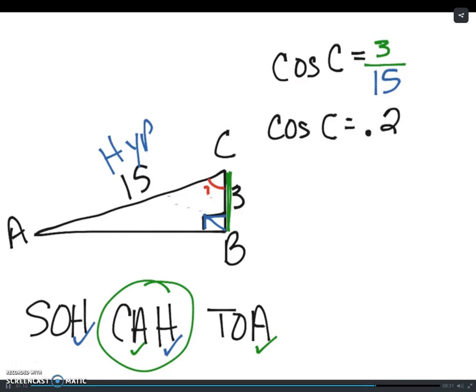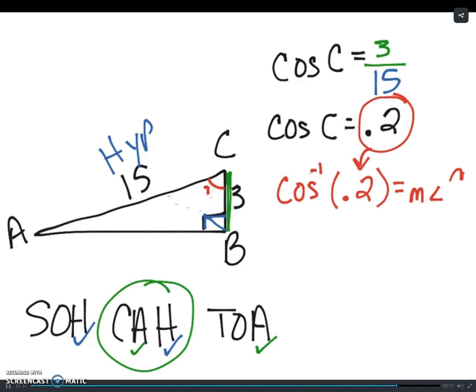All right? And so we're really interested, again, in this measurement right here. So we're going to take our inverse cosine. So we're going to take cosine -1, so that's second cosine. And in the parentheses, we are going to type in 0.2 because that was what we got for our decimal there. And again, this is going to give us the measurement of angle C. Okay.